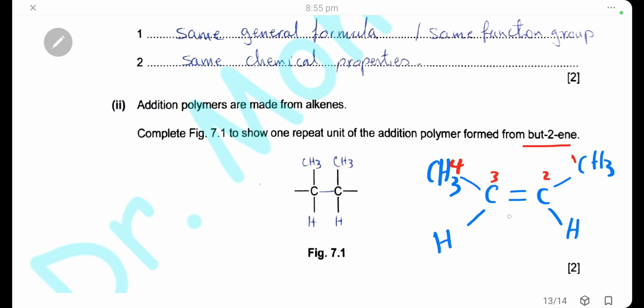To make the addition polymer from but-2-ene, we have to first remove the double bond, then make a continuation, or 2 open ends, 1 from each side. And here we will draw a methyl group with each carbon, and the other bond will be hydrogen, like here, and we will leave the 2 ends open.